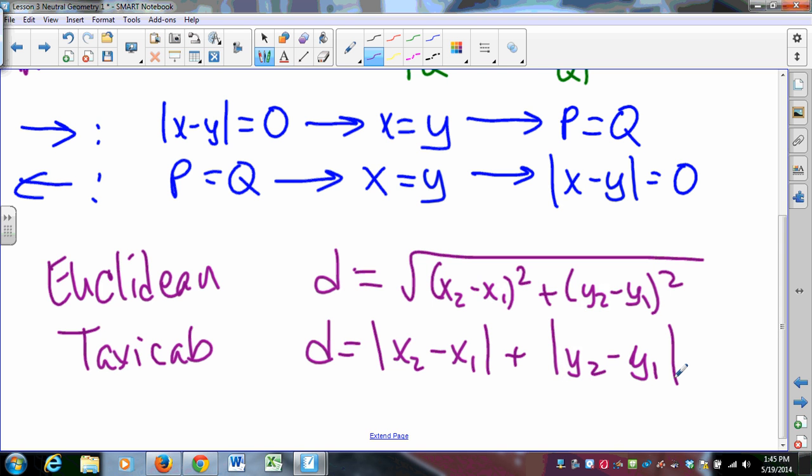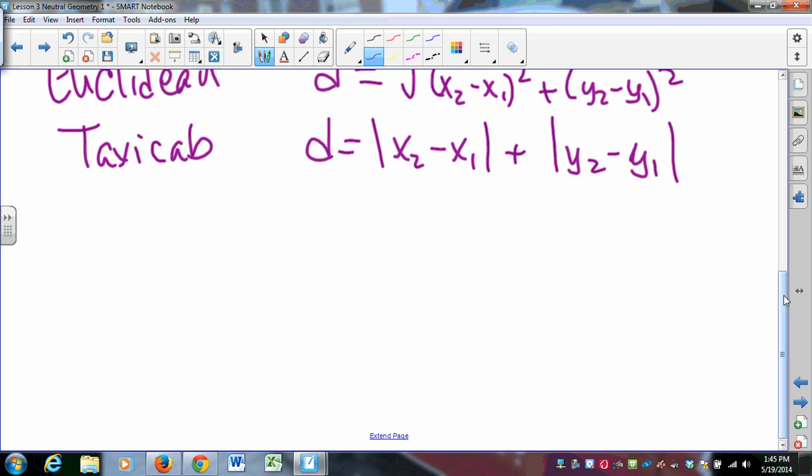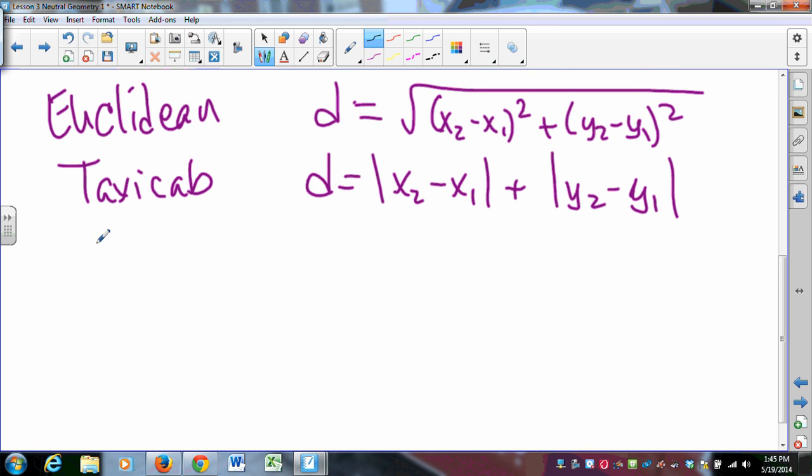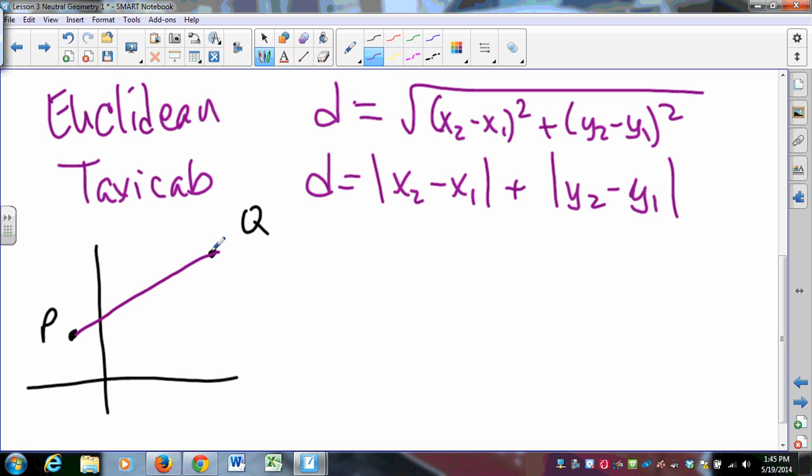It's called taxicab because in the standard Euclidean metric, if I have 2 points, P and Q, the standard Euclidean distance goes this way, but the taxicab distance says, no, in cities, we can only go this way and this way. So we would add, I don't know, 4 plus 3 to get 7 as the taxicab distance. The Euclidean distance on the Euclidean metric would be 5.